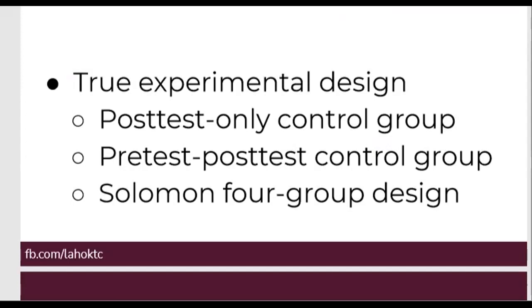Basically, the Solomon four group design is composed of randomly assigned subjects to different groups. We have four groups. One, the experimental group with pre-test, treatment, and then post-test. The second group is the control group with pre-test and post-test, but no treatment.